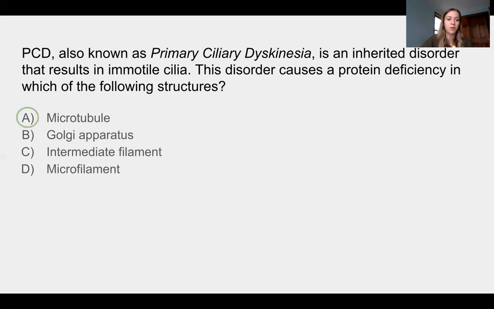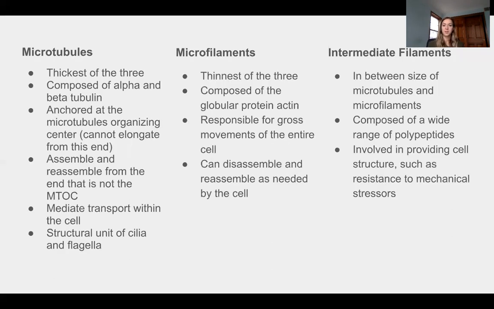So we'll go over all of these except for Golgi apparatus. If I was answering this question on the MCAT, that would be an answer that I would quickly throw away since it's not related to the other answers. So that's usually a pretty good sign that it's not going to be your answer. So our 3 types of filaments on the MCAT that we talk about: microtubules, microfilaments, and intermediate filaments.